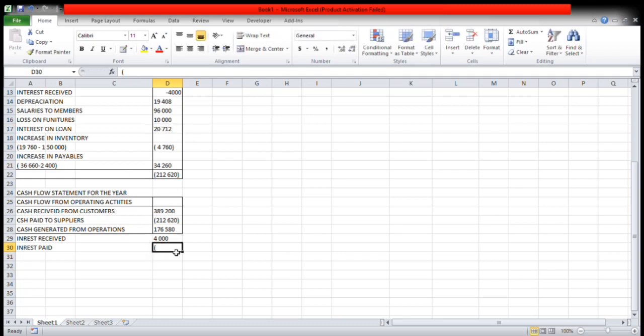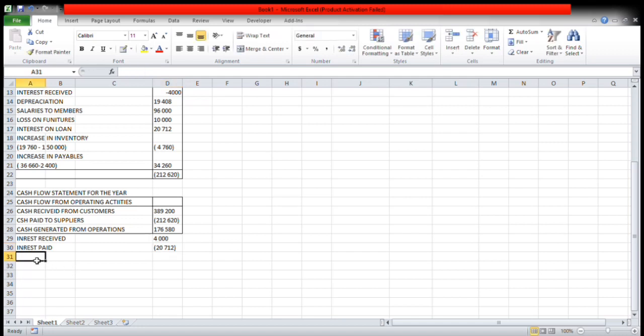So here is going to be inside the brackets, 2,712, and we are also going to have the distribution to members and the taxation paid.